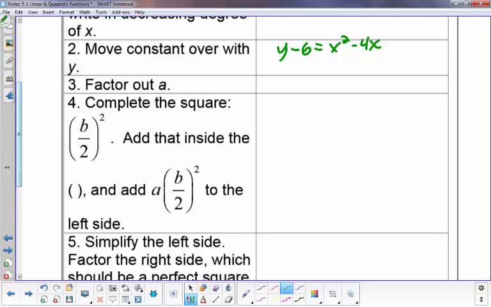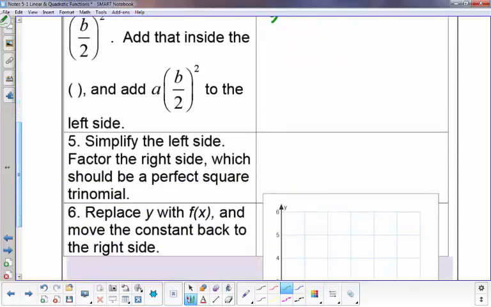In our case, we have y minus 6 plus some value equal to x squared minus 4x plus some value. b here is negative 4. Half of negative 4 is negative 2, and we square it. That gives me 4. So we add 4 there, and since there's nothing multiplying the right side, we add 4 to both sides. All right? So at that point, we can simplify, and we end up with y minus 2 equals (x minus 2) squared.